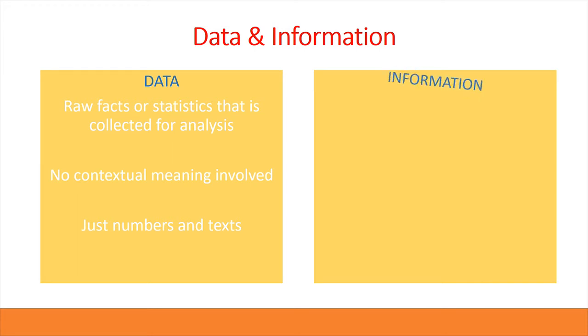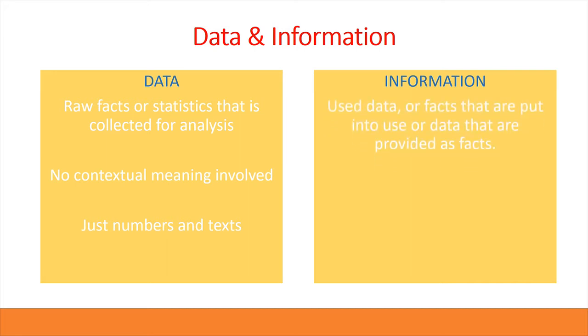Now, when we try to compare or segregate data and information, let's see the definition first. Information is used data, something you take from the pool of data that you have collected. Some you will use, some you will discard. That used data now becomes information.